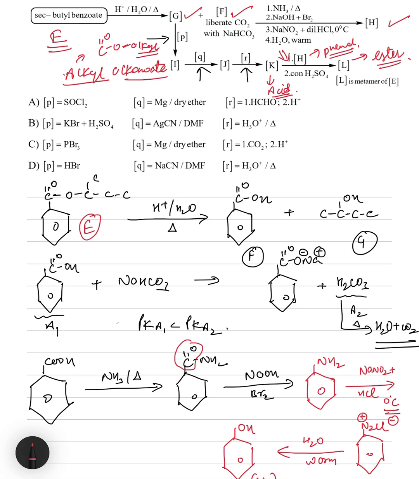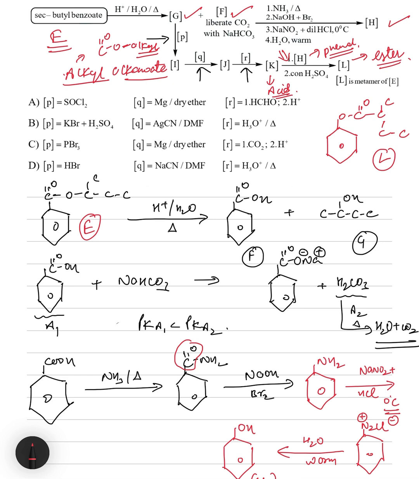Correct? So if we have to draw the metamer of E, what will happen? That phenyl group has to shift from the C double bond O to the single bond O, because that is a requirement of product formation from K to L, right? So that means L product will be something like this: benzene with O, and here comes C double bond O, and then comes C, like this. This is what L should be.